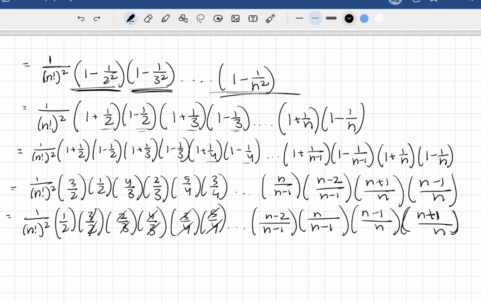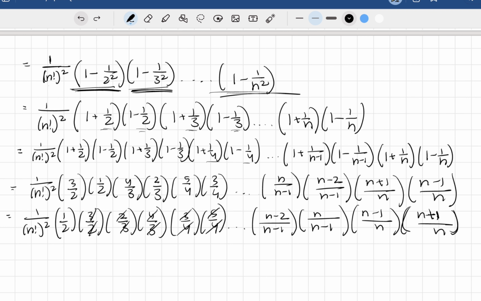But for time purposes, I just wrote the second to last term. But of course, you could write the third to last term, in which case you would just replace n by n minus 2 because n is the last term, n minus 1 is the second to last term, and n minus 2 is the third to last term. And that trajectory keeps going on until you reach, well, like the first term.